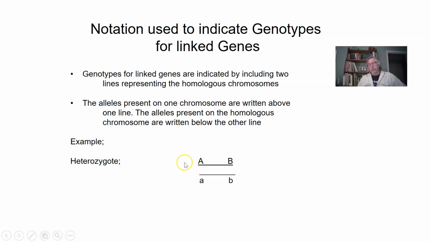In this case, one chromosome is carrying 2 dominant alleles, the other chromosome is carrying 2 recessive alleles. It doesn't necessarily have to be that way. It could be that this chromosome would be dominant for A and recessive for B, and this one would be recessive for A and dominant for B. Okay, but in this notation, we're using lines to indicate chromosomes.